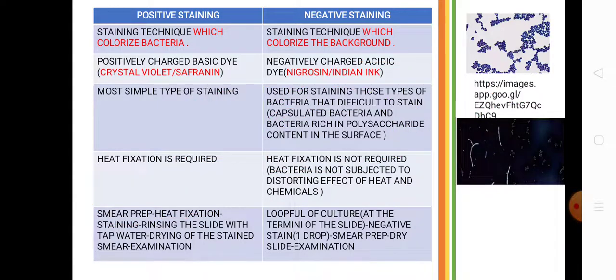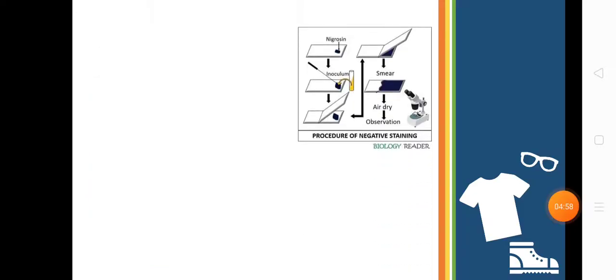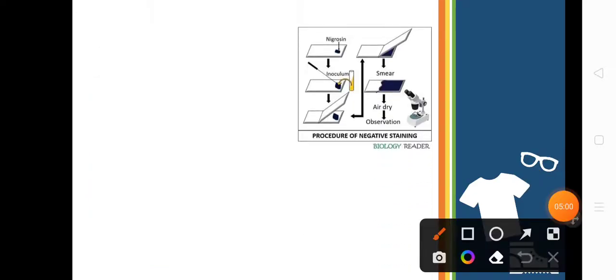But in the case of negative staining, the process is quite different, which I will show you with the help of this picture. Two kinds of processes are available, as the picture depicts here. First nigrosin, which is the stain, is taken at one end of the slide.